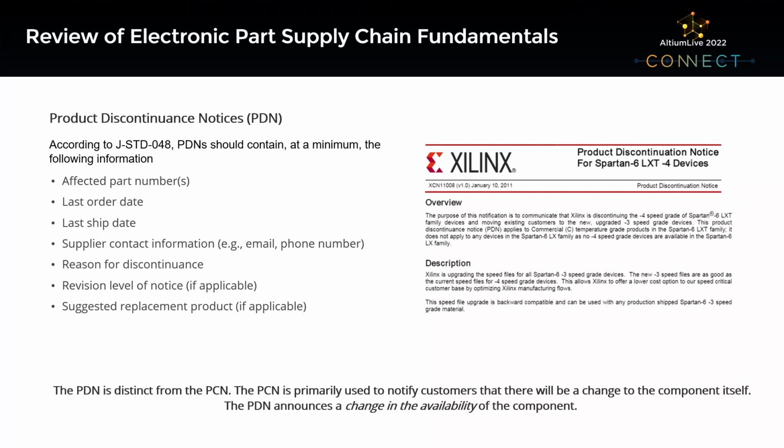Part of this is to provide a 12-month last time buy period when customers may place orders. And there's some information included here as far as what the document should include as the minimum information.